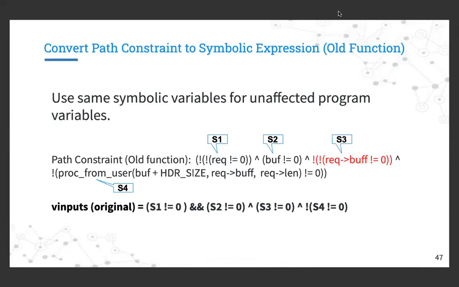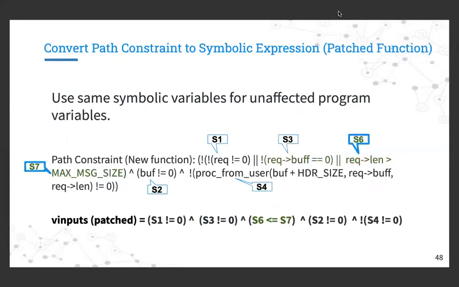And for function calls, we use a technique similar to the theory of uninterpreted functions, where we use a symbolic value which represents a function call with a certain set of arguments. So using symbolic compilation techniques, we convert the path constraint to a corresponding symbolic expression as shown at the bottom of the slide. Similarly, for the new function, we do the same thing.